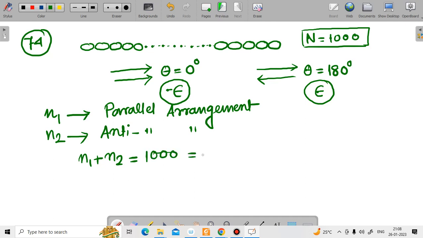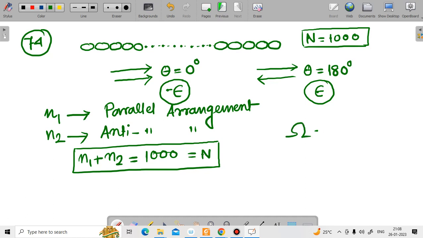That is the capital N. So how many microstates are there? If there are capital N links, and n1 links are parallel to each other, and n2 links are anti-parallel to each other, then definitely the number of microstates, omega, will be N factorial divided by n1 factorial n2 factorial.